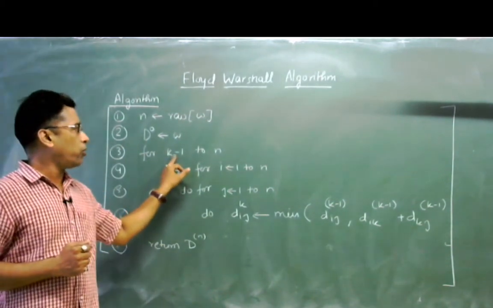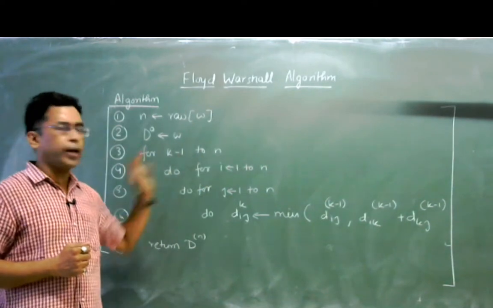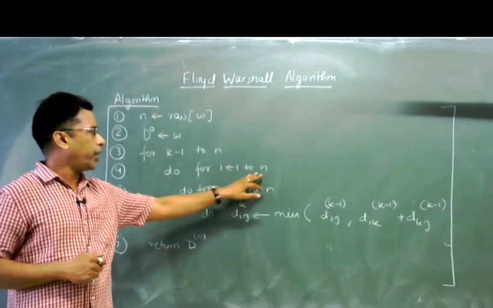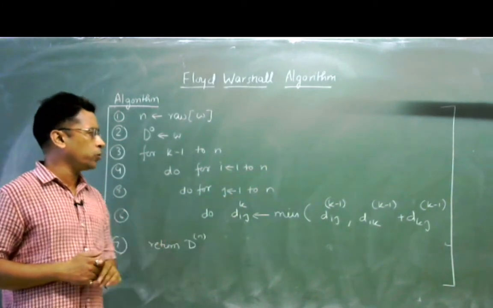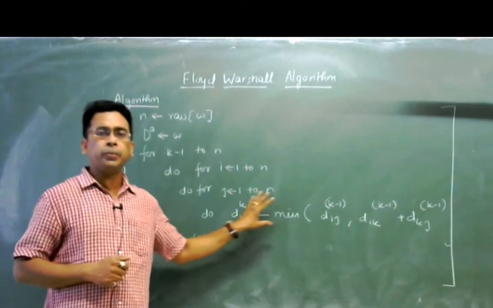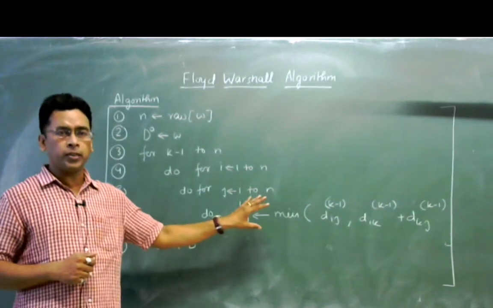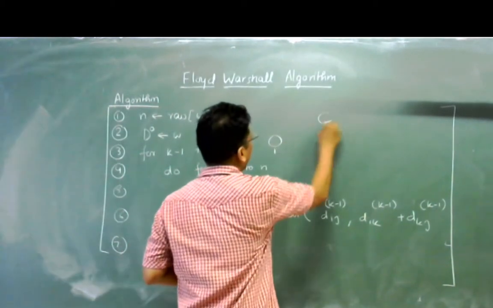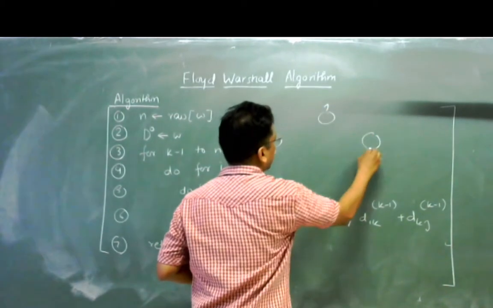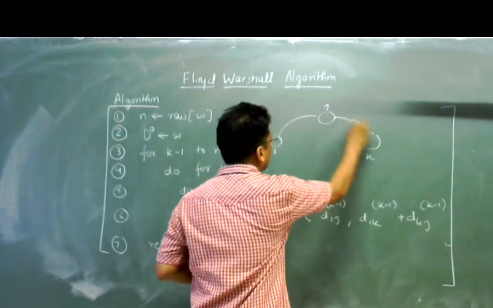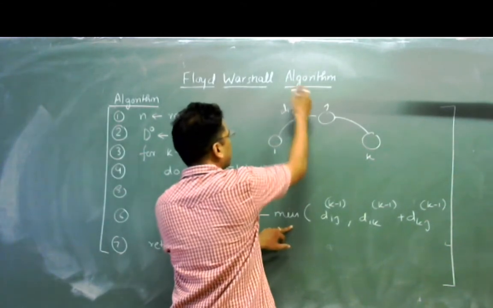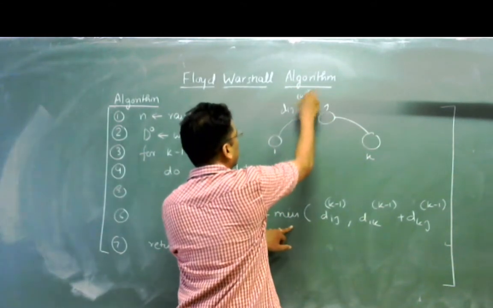After that, for k equal to 1 to n, for i equal to 1 to n, j equal to 1 to n, you find out the formula. This formula may not be very clear to you at once, but I will show you. Suppose a point i, j and k, then this part is d_ij, and this part is d_jk for k minus 1 nodes.